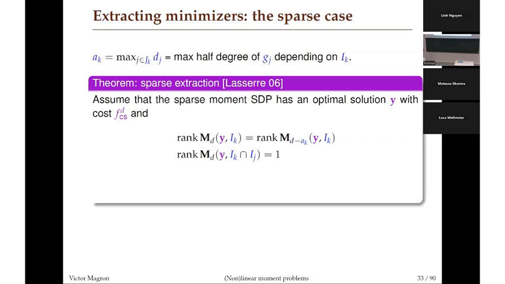So you will have access to x1, x2 on one side, and x2, x3 on the other side. But the x2 coordinate might not be the same, right? So then you will have to organize some matching to check whether there is consistency between these minimizer coordinates. And this rank 1 condition ensures that basically the x2 coordinate will be fixed.